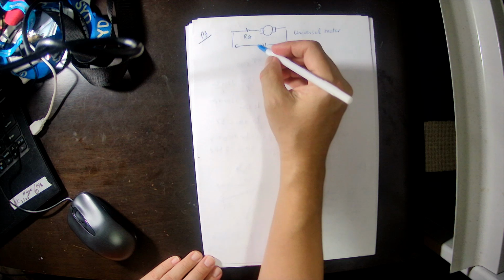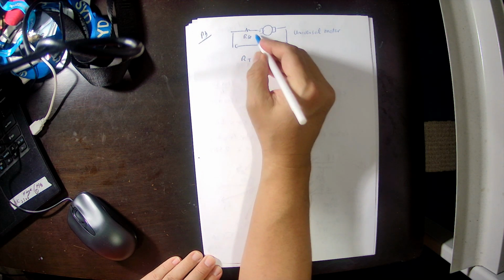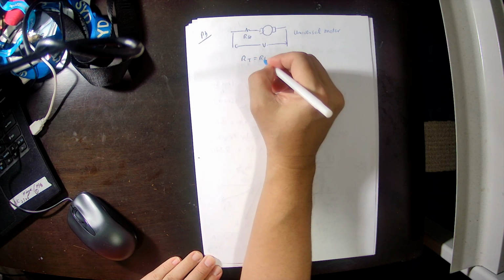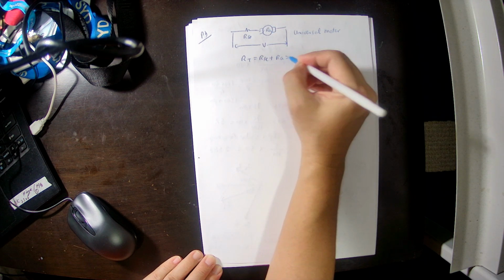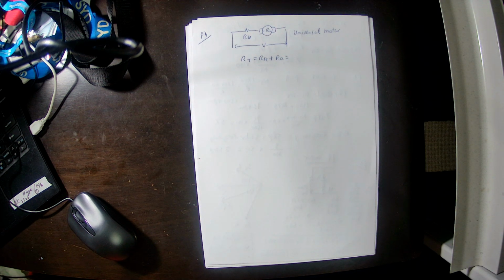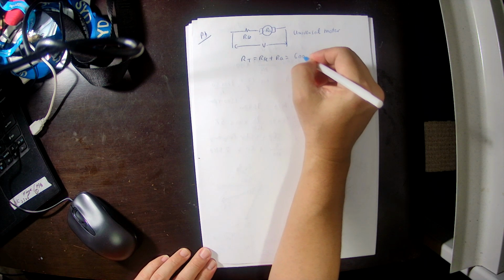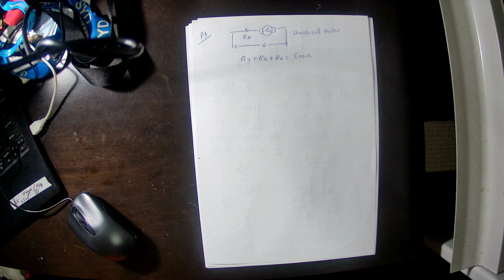So a 240 volt series universal motor, total armature and field impedance is 60 ohm. We need to calculate the current taken by the motor at starting. So there will be the total resistance R total, R total equals RSE plus RA. So the value is 60 ohm.